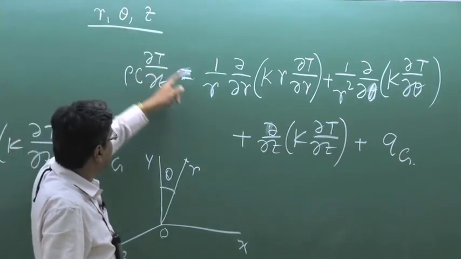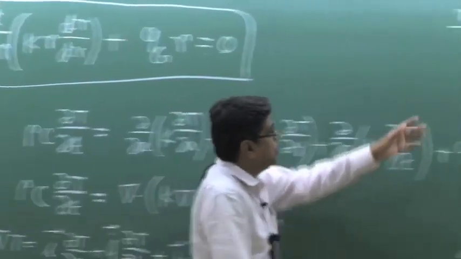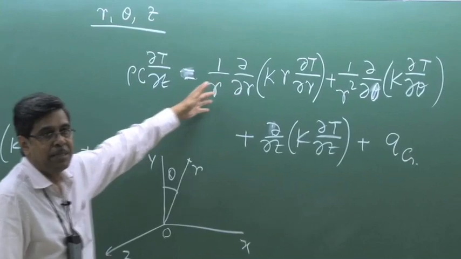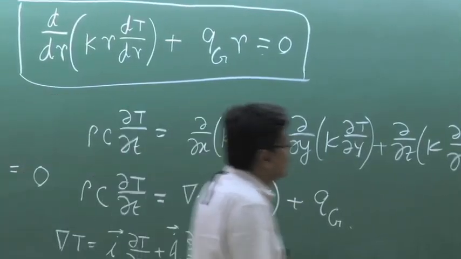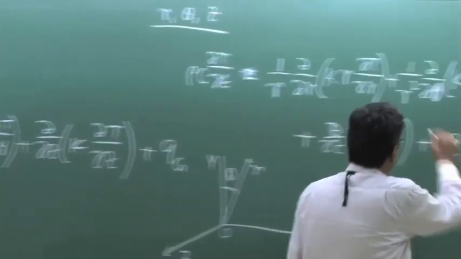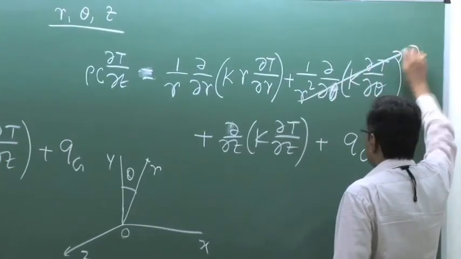So in that r, theta, z, if you expand this divergence of k grad T, you get this term. That means this is the counterpart of this.